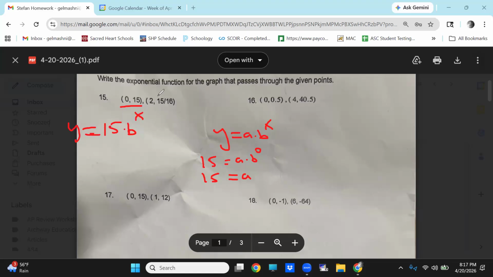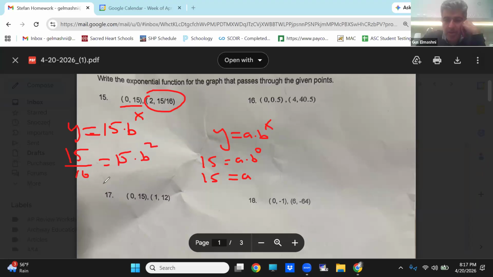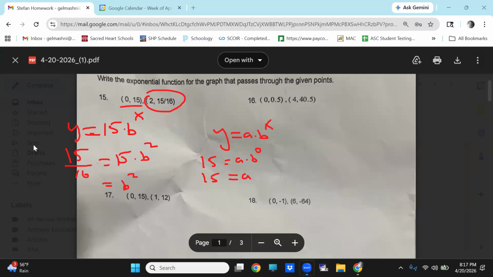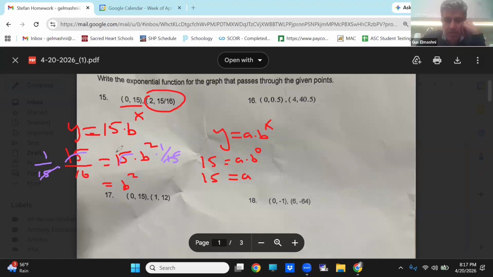Then you can plug this in for x and y. And then if we divide by 15 or multiply both sides, those cancel, those cancel.